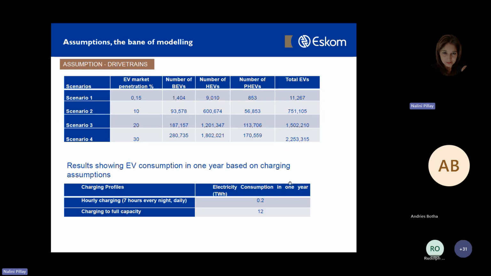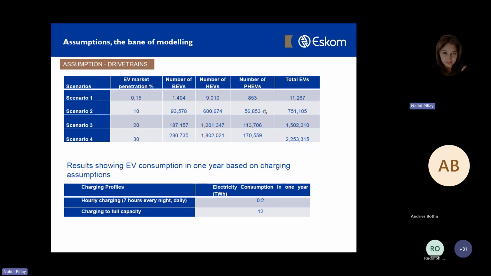The second assumption test was looking at the drivetrains. With a lot of the modeling, you find a lot of modelers look at the total EVs in terms of the sum of your full battery electric vehicle plus your full hybrid electric vehicle plus your plug-in hybrid.